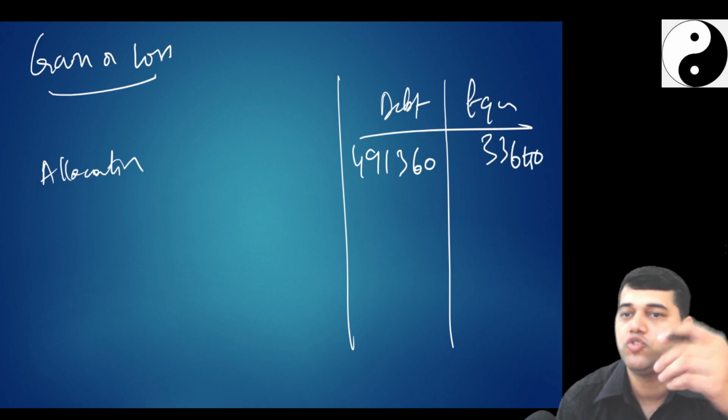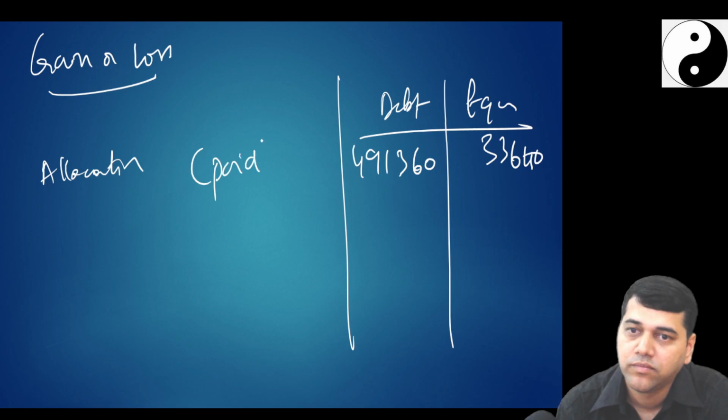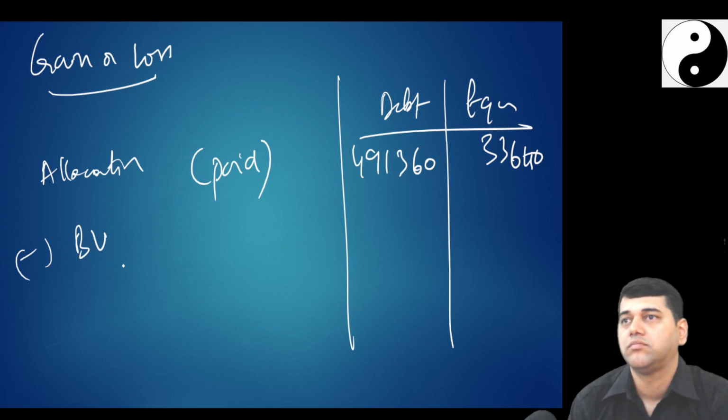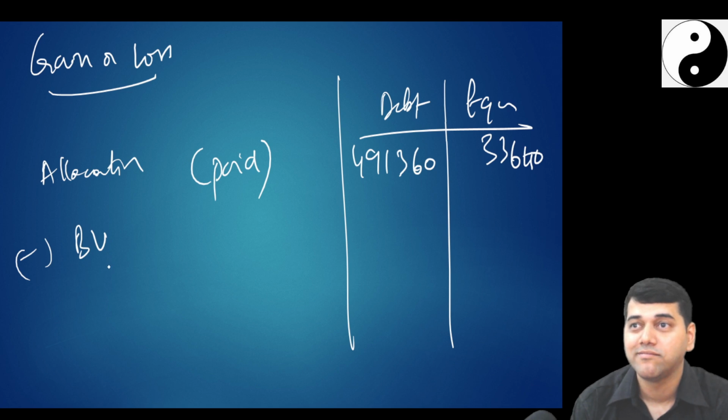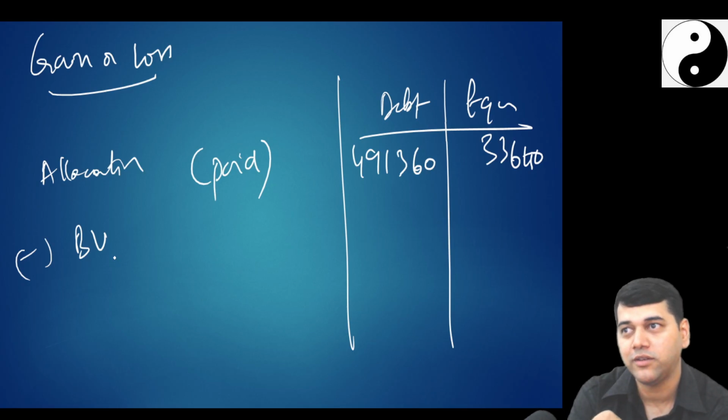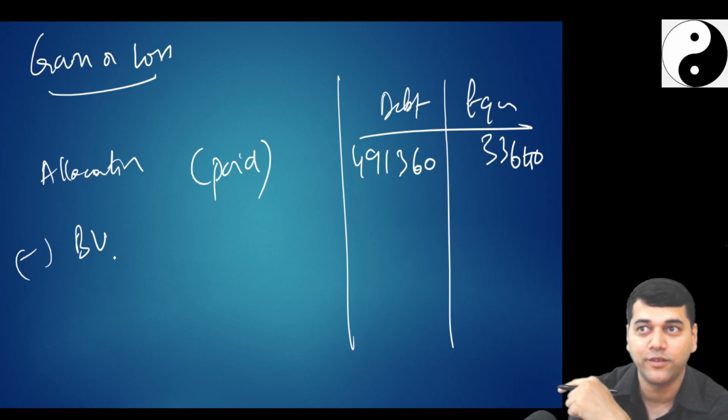This is what you actually paid on this day, less your book value. Where do you find the book value? Amortization schedule. Have you prepared an amortization schedule? Have they given you an amortization schedule?